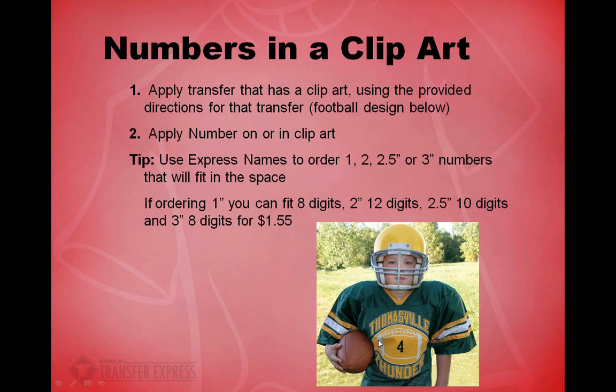Once you've applied that football design, you're then going to take your number, however you have it, whether it's one of our express names or one of our peel and press numbers, and place that number where you want it on the piece of clip art, and then cover it with a cover sheet. Again, make sure that all of the football design is covered up. You don't want to see any of that. Then press it all together. Once the press is done, peel off your cover sheet and peel off your transfer, and you'll have your number 4 on your football, as you see there.